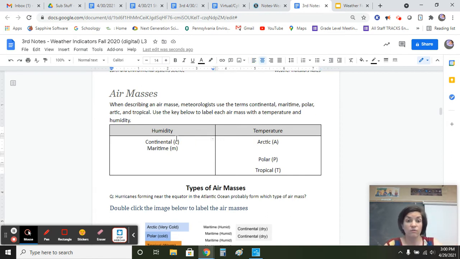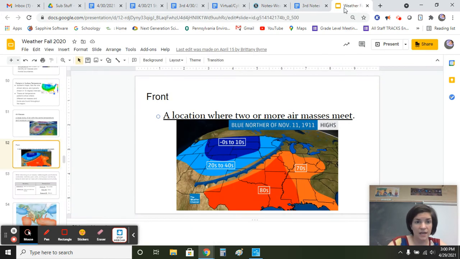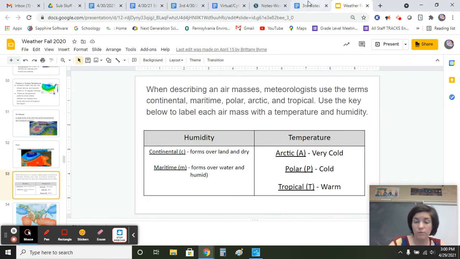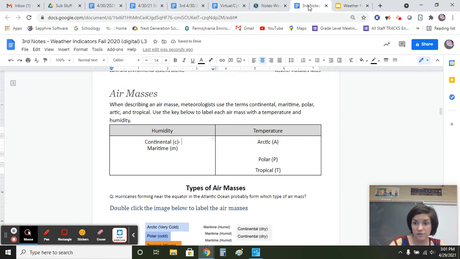First of all, for continental, we need to add that this air forms over land and is dry.